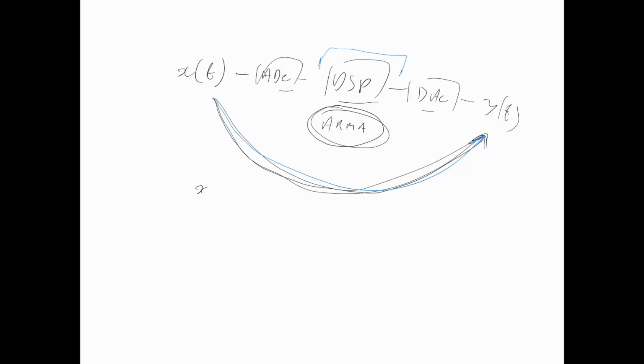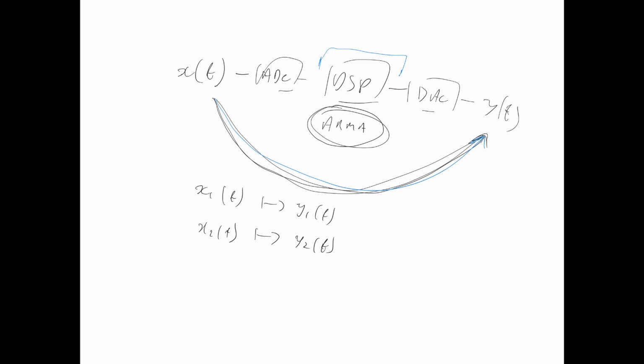Our continuous time system is said to be linear time invariant if it satisfies all of the following. Firstly, consider two different inputs, x1 of t and x2 of t. Let's assume that our system, given x1 of t at its input, produces the signal y1 of t. And similarly, when given x2 of t at the input, it produces y2 of t.